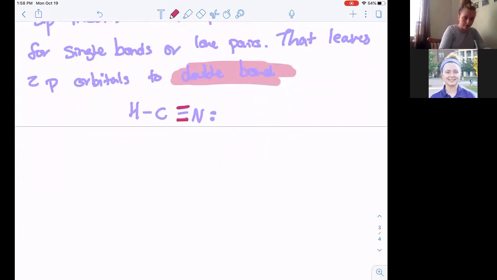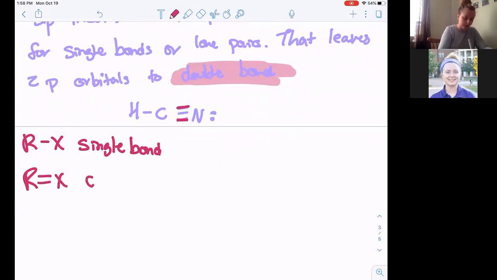You have R, X, these are just random things. This is a single bond. This is what a double bond looks like. And this is what a triple bond looks like.